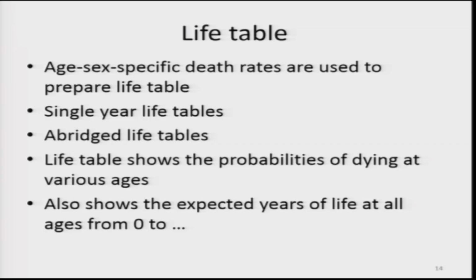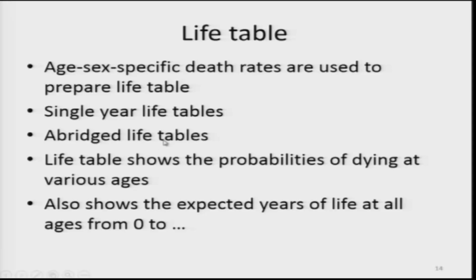Now, these age specific death rates for men and women are used to prepare life table. Life tables give us probabilities of dying and surviving, and life tables can be made for single years, as we can calculate age specific fertility rates and age specific mortality rates for single years and for age groups.